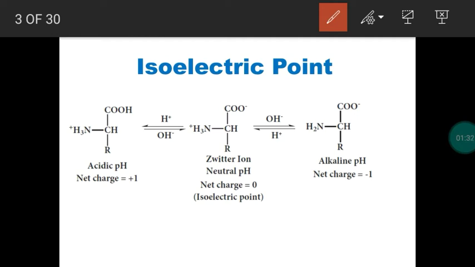A neutral molecule will have what pH? 7. So at one particular pH, the amino acid will be neutral. That pH is called the isoelectric point. Isoelectric point is defined as the pH at which an amino acid exists as a neutral molecule.